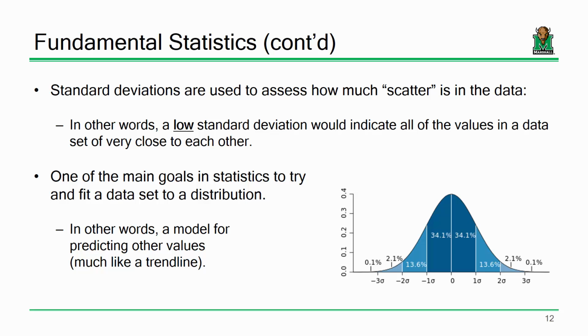To give you some numbers, if the data set fits a normal distribution, then if you pick a point, you've got about a 68% chance that it is within one standard deviation of your average. That's just some food for thought for later.